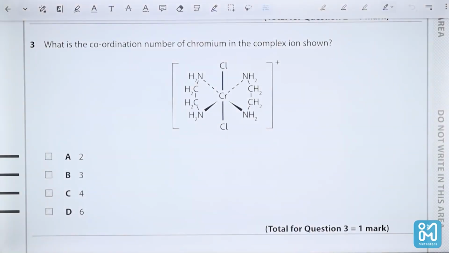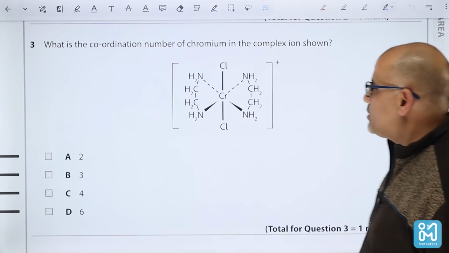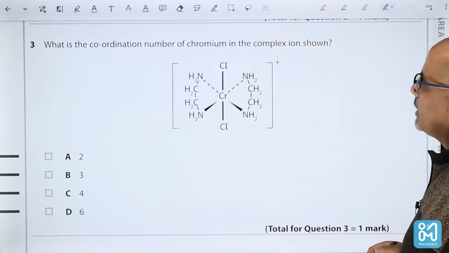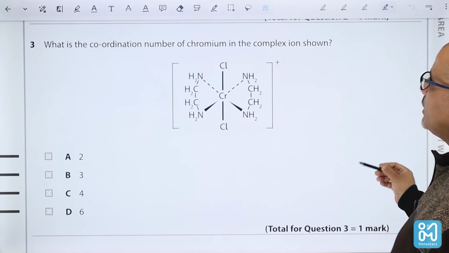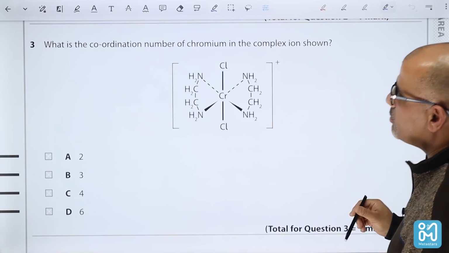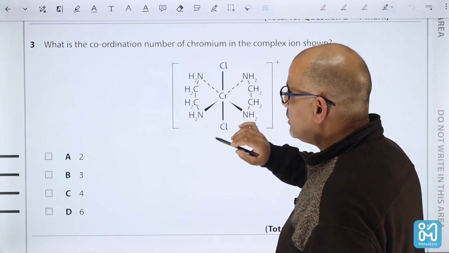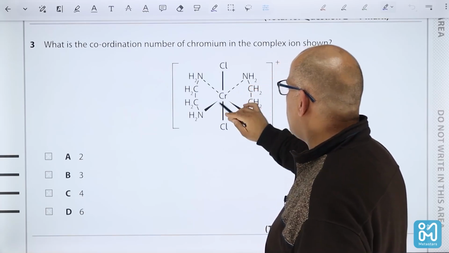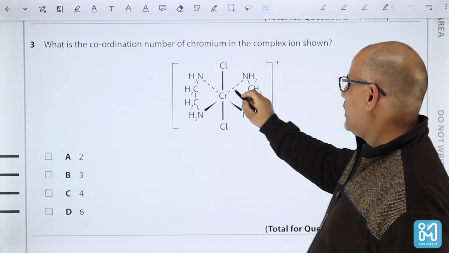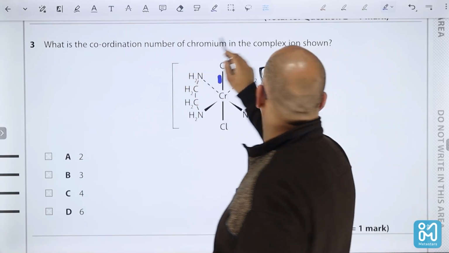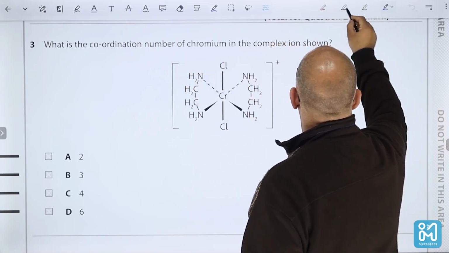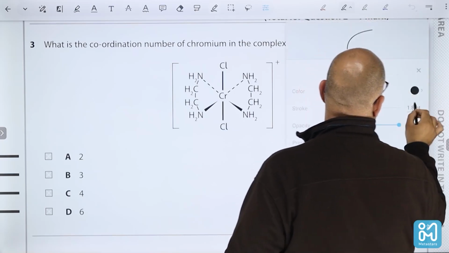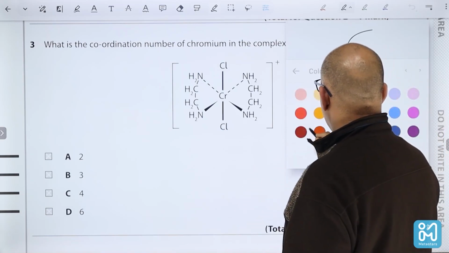For the next question, question 3, what is the coordination number of chromium in the complex ion shown? He's asking what is the coordination number. The coordination number is identified by how many dative covalent bonds there are.